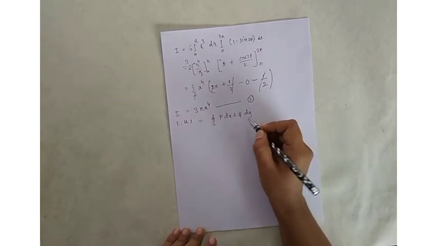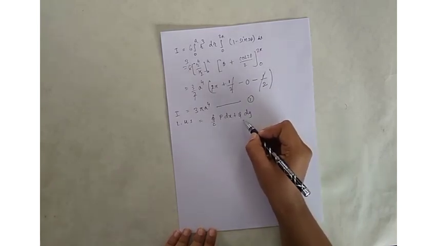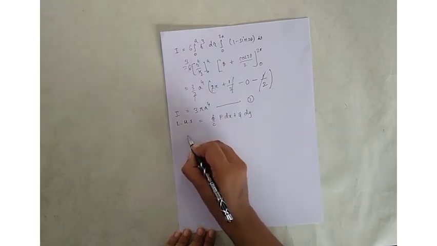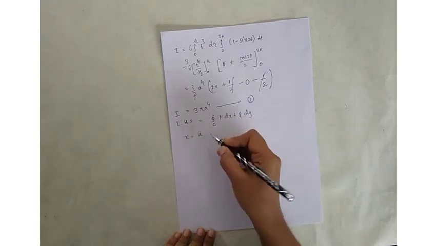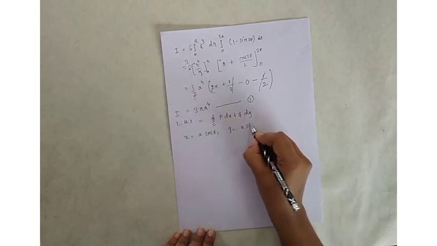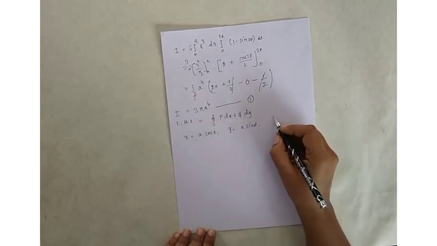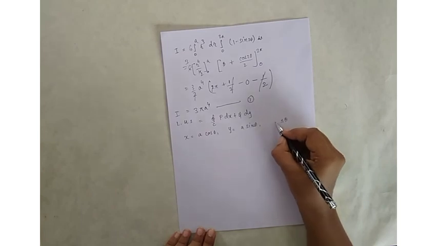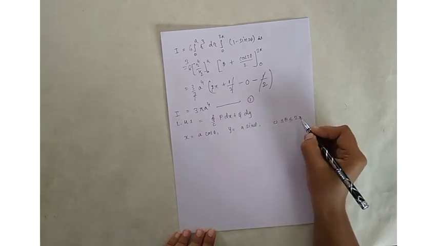For that, let us take the parametric equation of the circle. So x is equal to a cos theta and y is equal to a sin theta, and we know that here theta is between 0 to 2 pi.